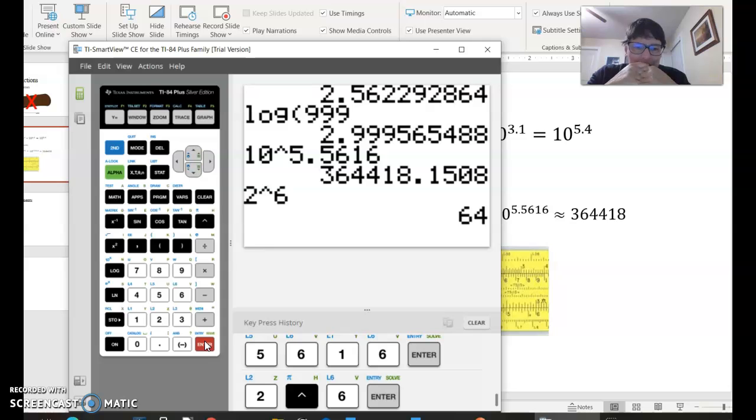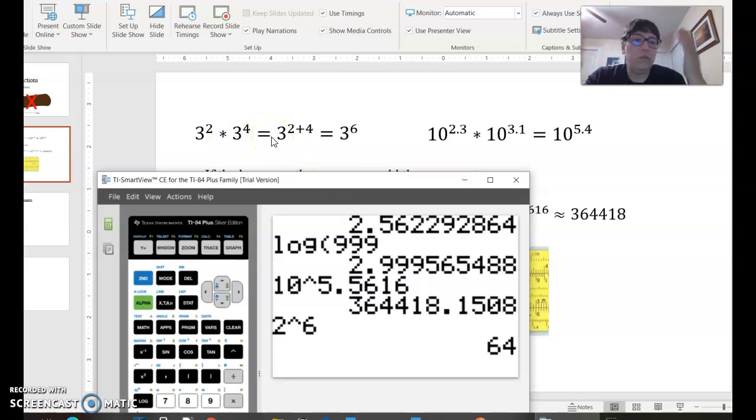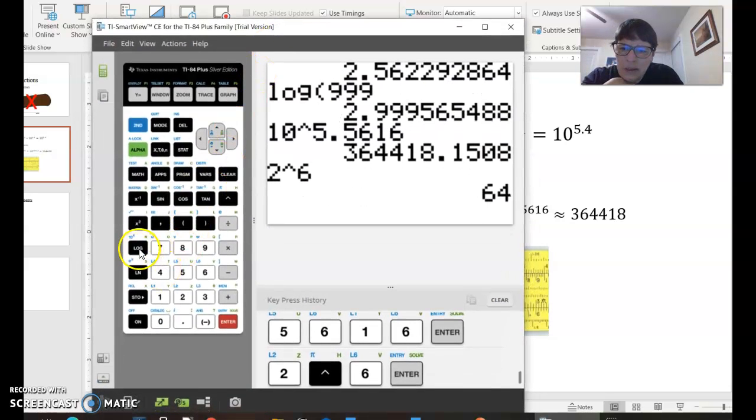But we can have a base 3, a base 4, a base 100. But because 10 was our numerical base, originally log functions were all base 10, and that's why we have a log function. And if you look closely, you see there's a 10 raised to the x above it. That's because 10 was so popular.